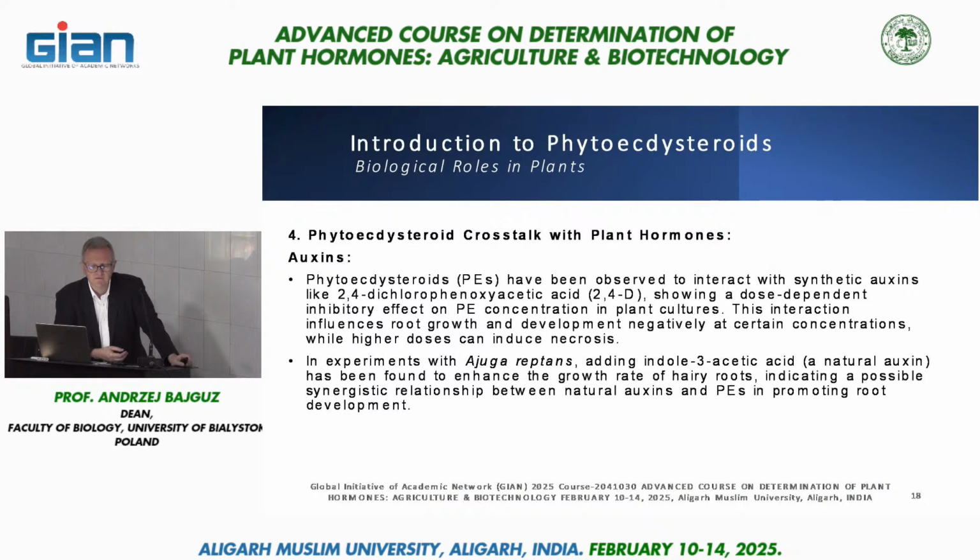Low levels may act synergistically with auxin, promoting root development, while higher concentrations, however, may have inhibitory effects in many plants, reducing auxin-driven growth responses. In some cases, phytoecdysteroids appear to counteract synthetic auxin, affecting root elongation and shoot formation in plant cultures.